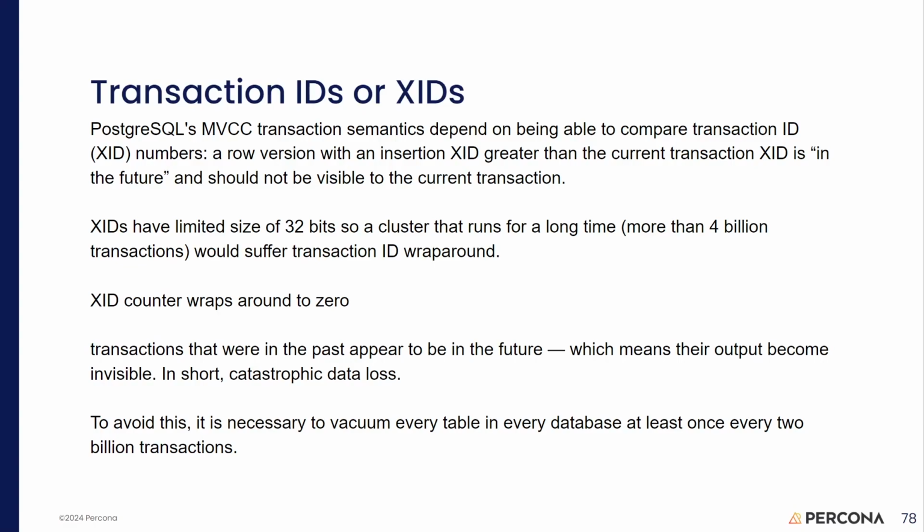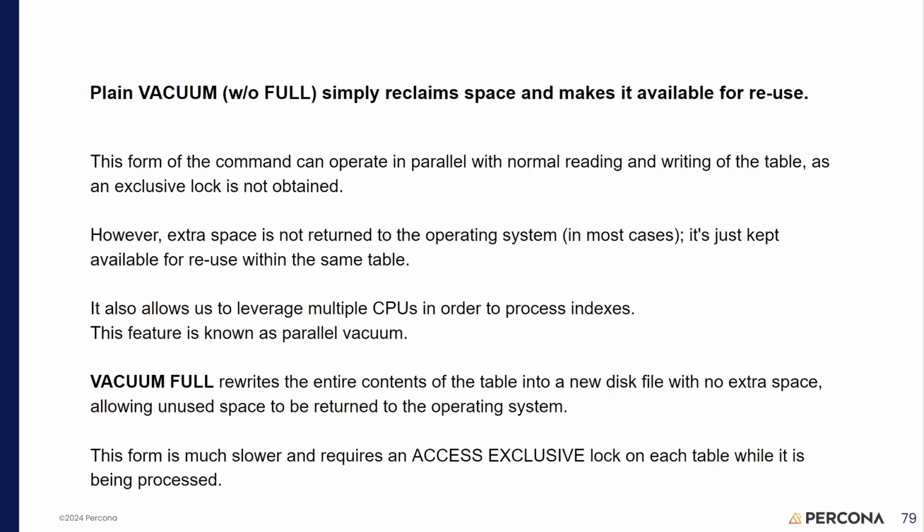When that happens, transactions in the past appear to be in the future, which means your data is going to need a very, very skilled person to be able to recover it. You probably have a catastrophic loss if you don't know how to do that. So to avoid this, vacuum the table in every database at least every 2 billion transactions. I recommend doing it a lot sooner than that.